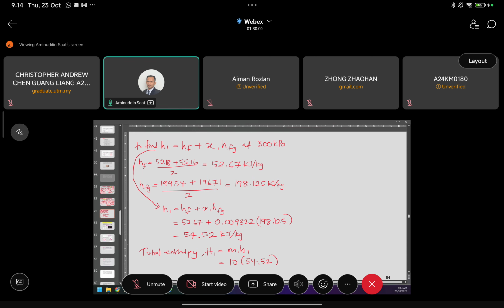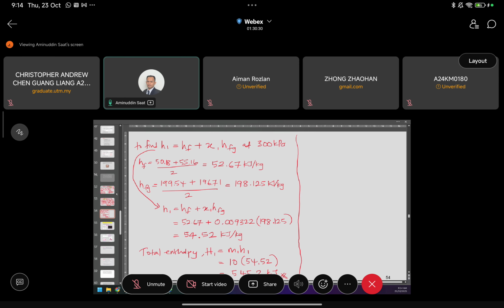So basically you got 545.2 kilojoule. Okay, so that is the total enthalpy. So you complete the calculation of properties for the first part.